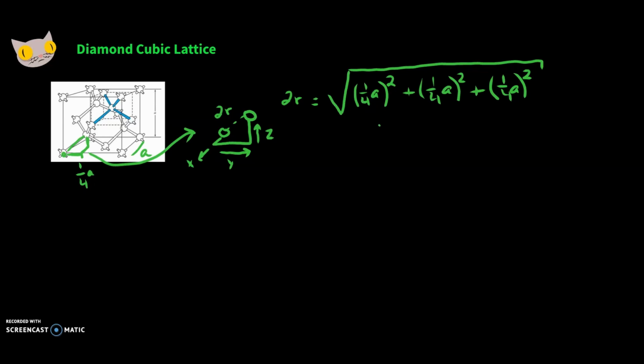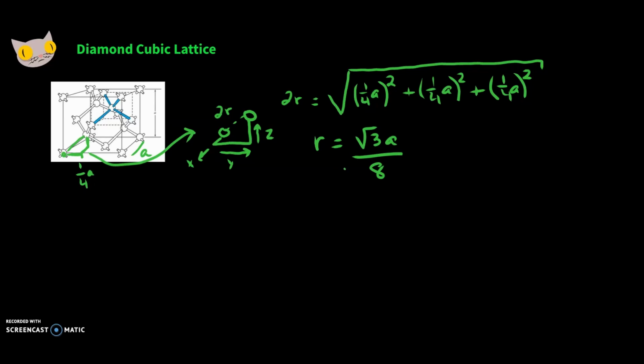And if we type this into a calculator and solve for r, we're going to get that r is equal to square root 3 times A over 8.